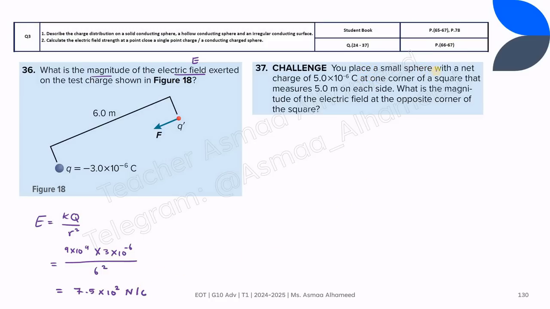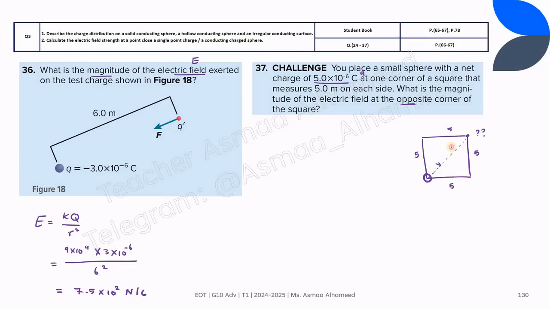Challenge: you place a small sphere with a net charge of this much, so this is my Q, at one corner of a square that measures 5 meters on each side. Okay, so we have a square here, and we put a charge here, and the sides are 5, 5, 5, and 5. What is the magnitude of the electric field at the opposite corner of the square? So we want to find how much is the field at this point.